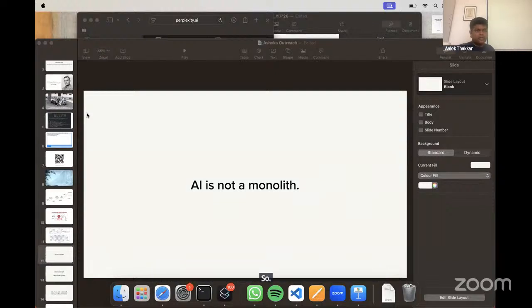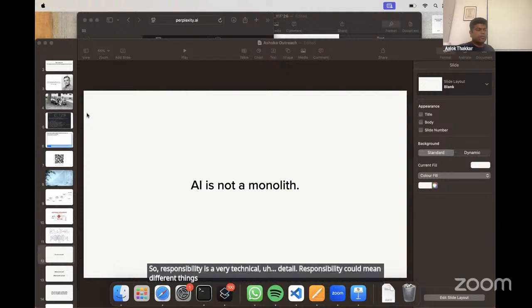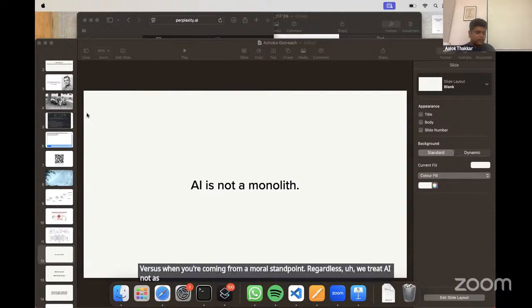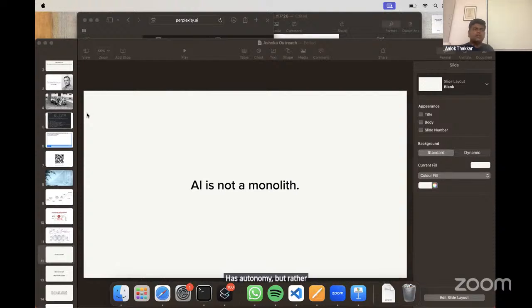So responsibility is a very technical detail. Responsibility could mean different things when you're coming from a legal standpoint versus when you're coming from a moral standpoint. Regardless, we treat AI not as an agent that has autonomy, but rather as a tool that some autonomous agent uses, in which case it is just like having a very fancy calculator.